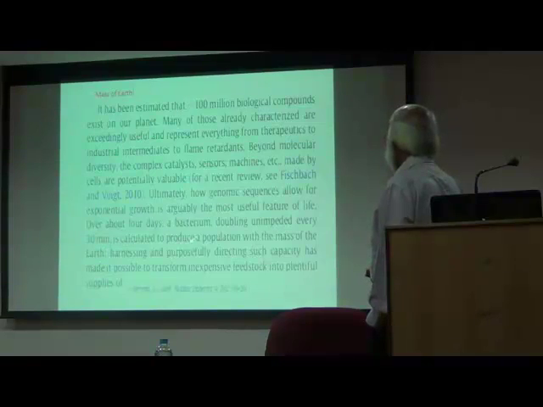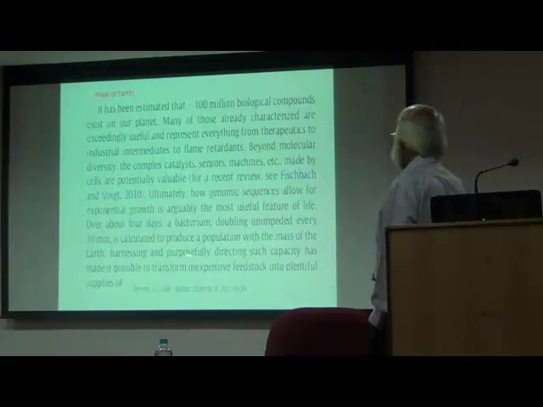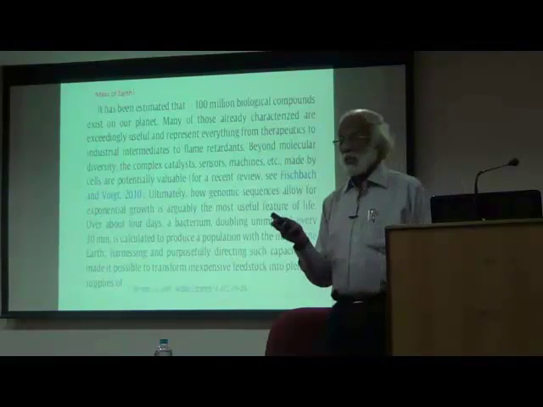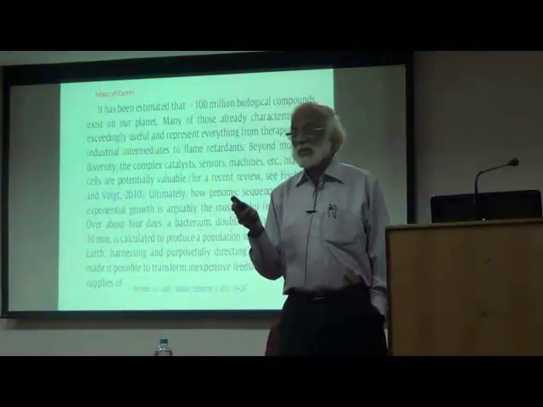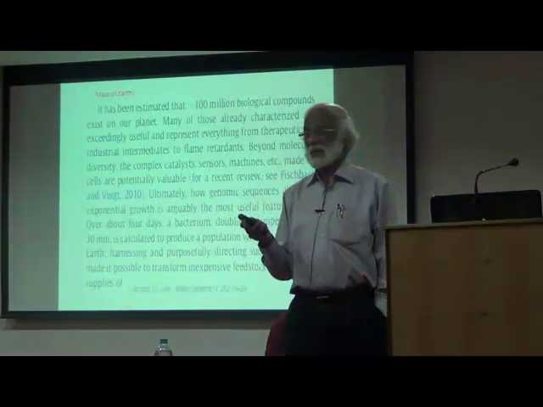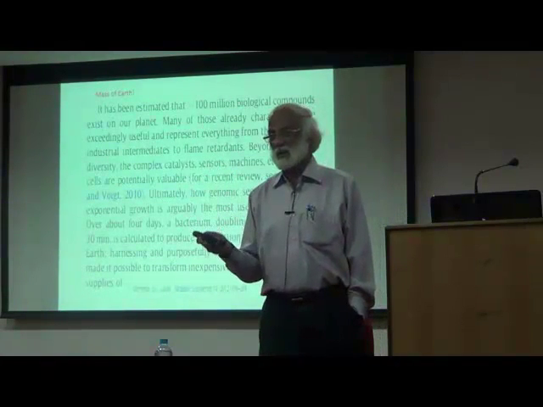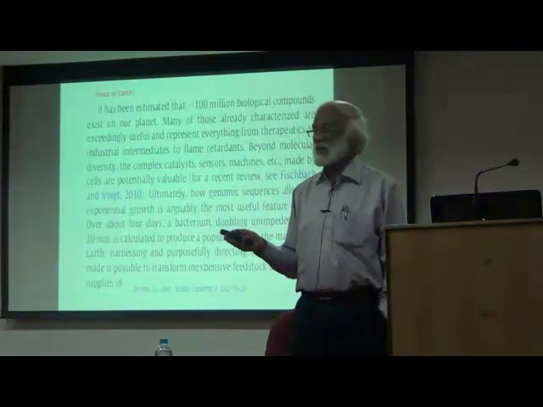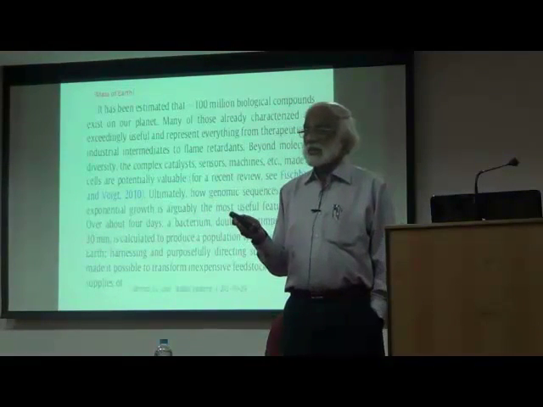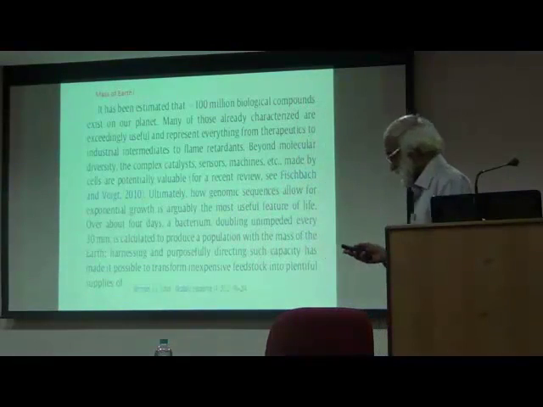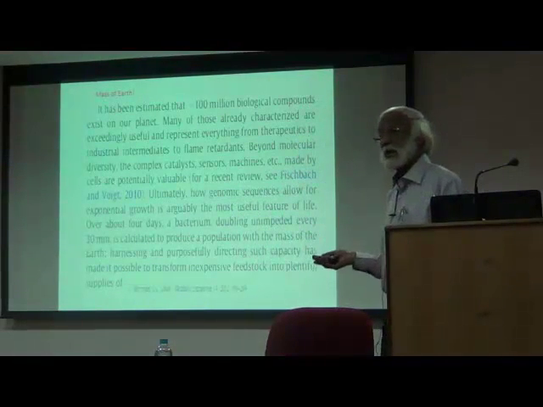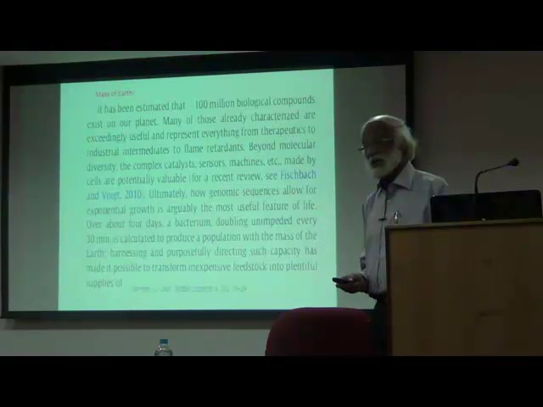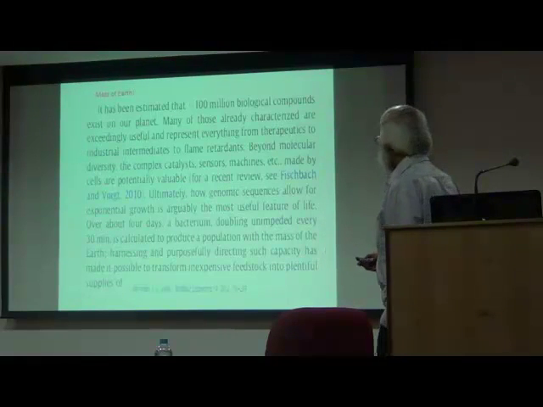It is calculated to produce a population with the mass of Earth in 4 days. If you allow bacteria to multiply uninterruptedly, theoretically providing all the media, in 4 days it will produce the mass of Earth. That shows the advantage of these organisms to be exploited for commercial purposes. That is what we are coming to.